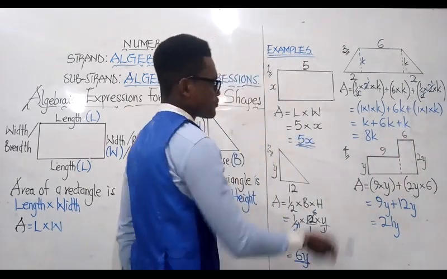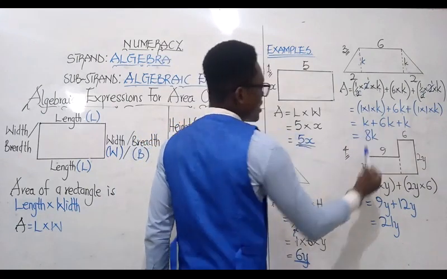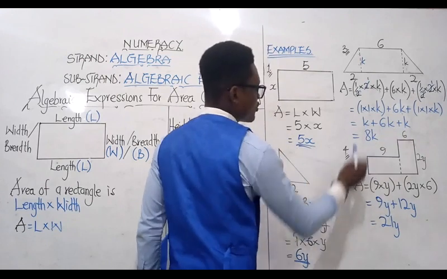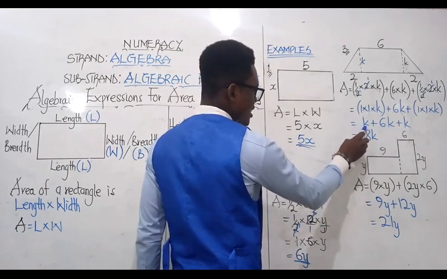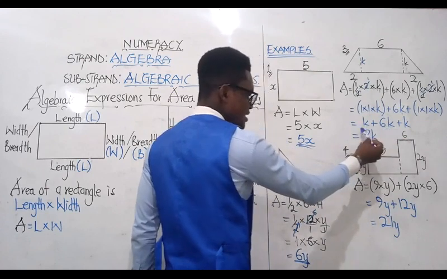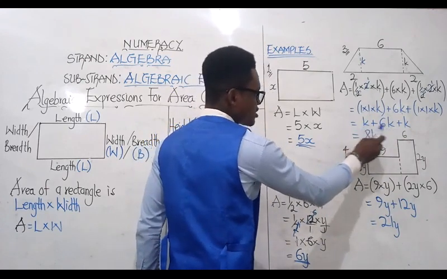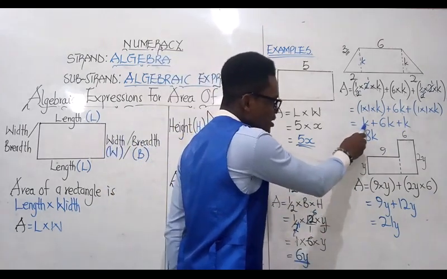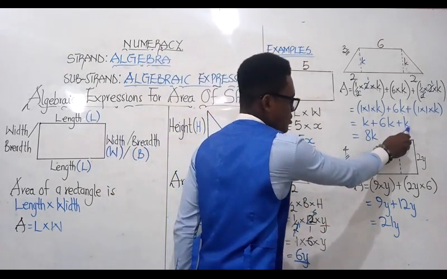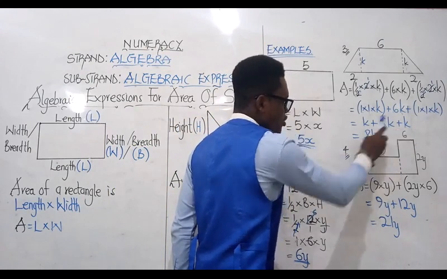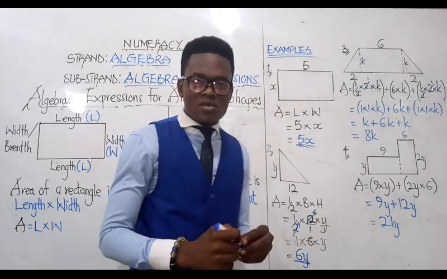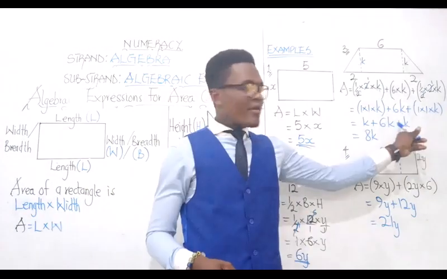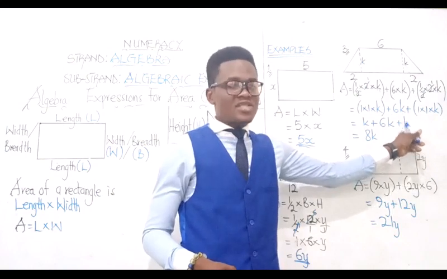So from there, you add all of this. You can easily add because they look alike. Let's say k is an orange. Let's use orange to represent the variable. So if you're adding, this one is 1 orange, 6 oranges plus 1 orange. 1 orange plus 6 oranges gives us 7 oranges, plus 1 orange gives us 8 oranges.